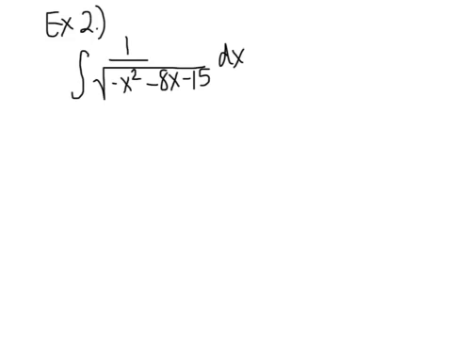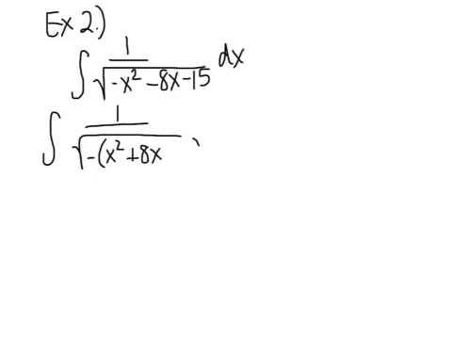So in example 2, we've got something quite similar. The only difference being that instead we've got a negative in front of our x squared there. And so we're going to complete the square with that. I'm going to be happier if it's positive, so I'm just going to go ahead and do this.